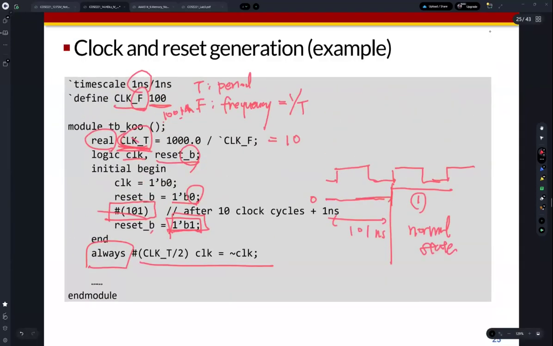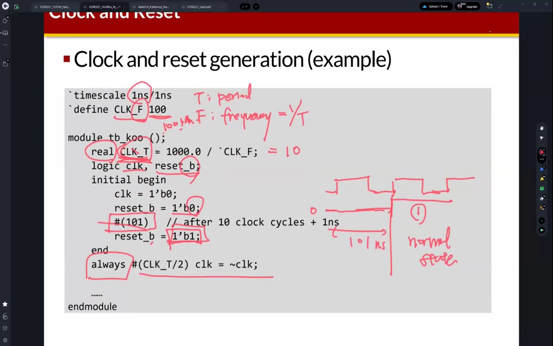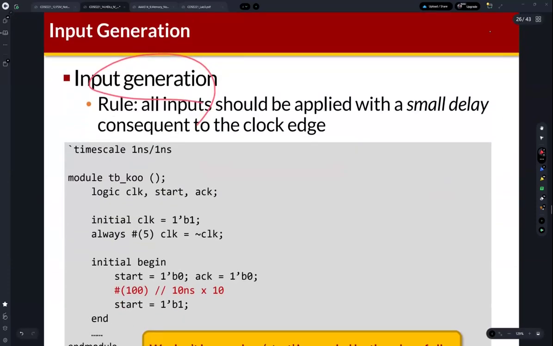Usually when you generate an input signal, the input signal needs to be changed after the edge of the clock. I will explain the reason here.